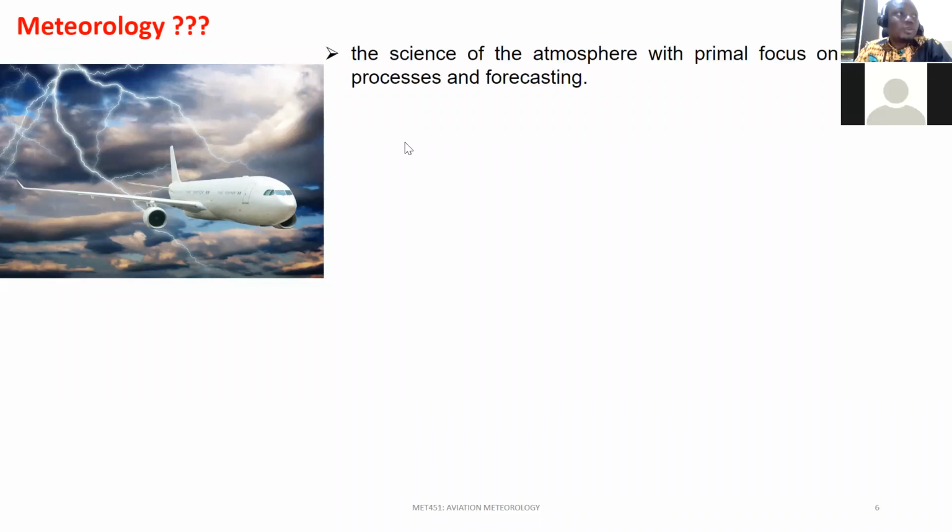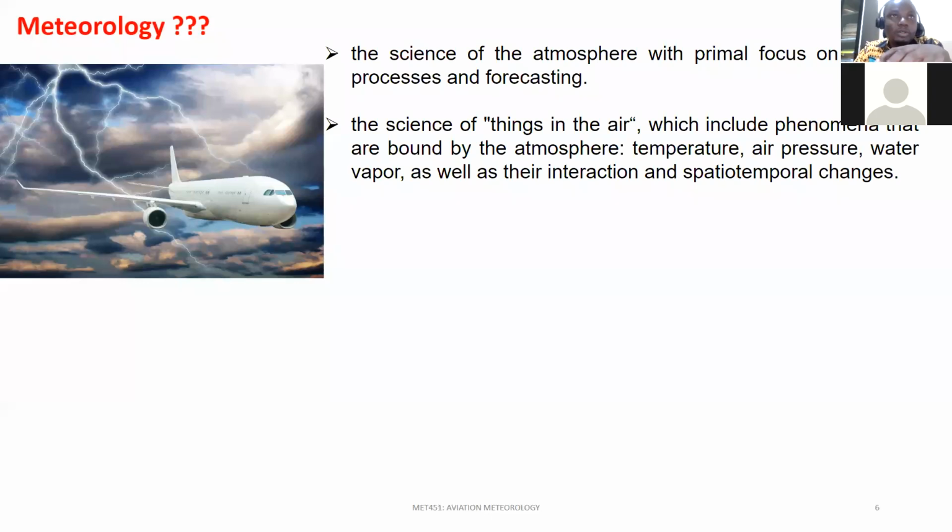So basically, when we talk of meteorology, we are dealing with the science of the atmosphere, but our primary focus is on the weather processes and also how to forecast it. So that's clearly what meteorology means to us as climate scientists or meteorologists. In another sense, you can also say that meteorology is just the science of things in the air, and these include basically everything in the air.